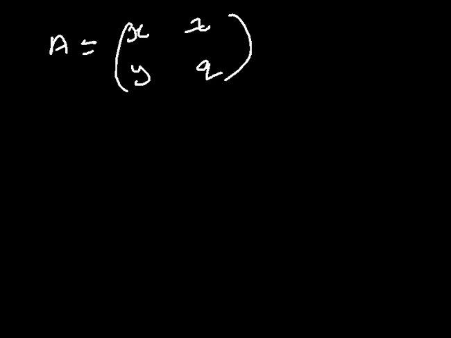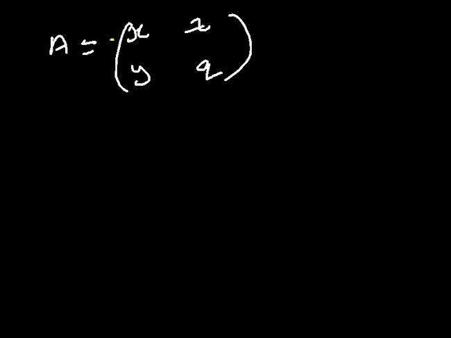Now, matrices are well known with what we call the rows and also the columns. Let's say we have a matrix A, with, let's say, X, Y, Z, Q. In this case, this matrix contains what we call the rows.